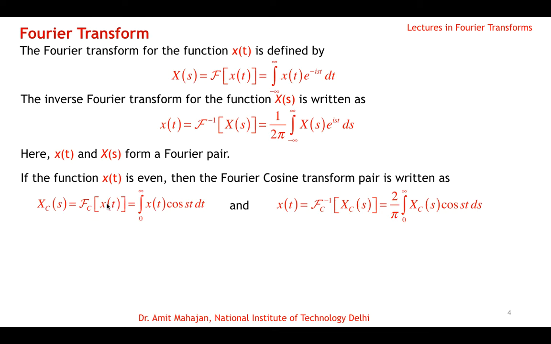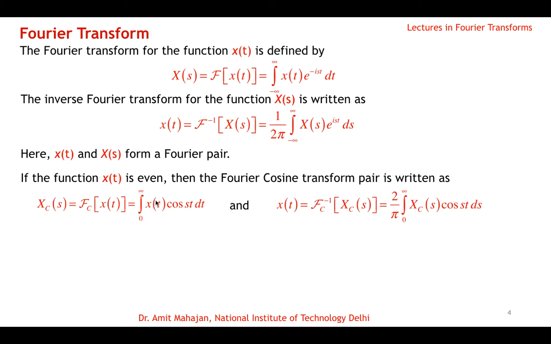The Fourier cosine transform of x(t), which we denote here by X_c(s), is the integral from 0 to infinity of x(t) cos st dt. And its inverse, the Fourier cosine inverse transform of X_c(s), will give the x(t) function back, which is 2 by pi integral 0 to infinity of X_c(s) cos st ds.